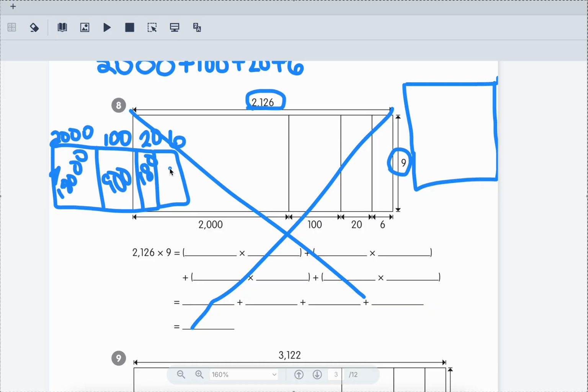And 9 times 6 is 54. So we're going to do 1,800 plus 900 plus 180 plus 54.